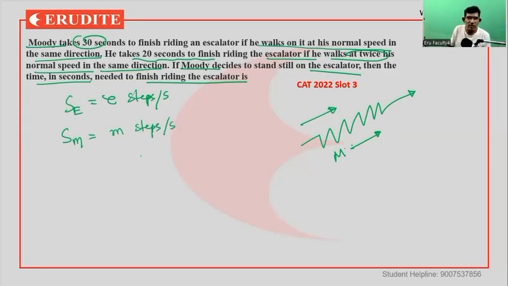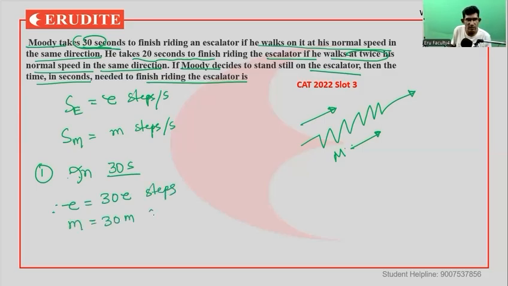In the first case, in 30 seconds, the escalator goes 30 into E steps and Moody goes 30 into M steps, right? Distance equals speed into time, same logic. So the total number of steps to go from bottom to top is 30E plus 30M. This should be the total steps on the escalator.